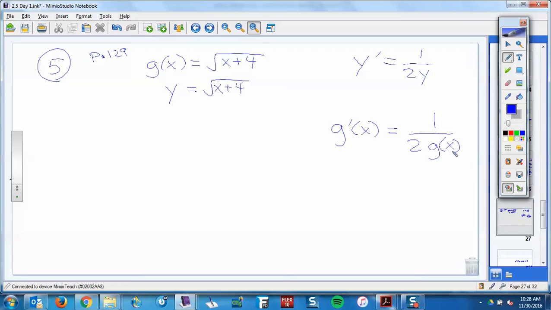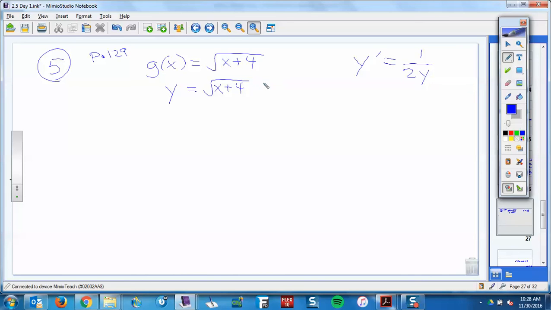So you see how all those parentheses and x's just make it more confusing? Those two are the same exact thing. So they could have written it like this. For g of x, we would do this, and then g prime of x, we would do that. I don't care, you can do either one. I would just leave it. Just know y is your output, g of x is your output. They're interchangeable. Okay? All right, so we got this.